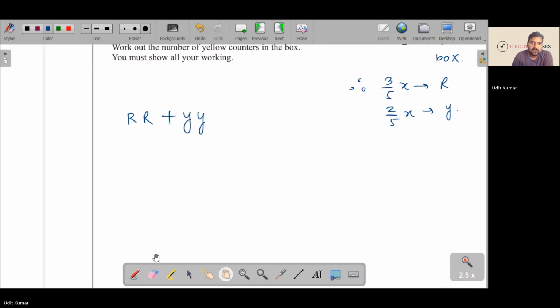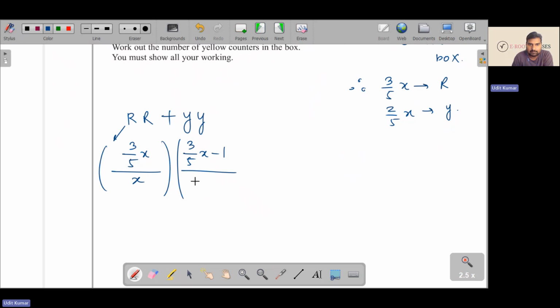Now, for the first red counter, because there are 3/5 of X red counters, the probability will be 3/5 of X out of X. For the second red counter, because 1 counter is already taken, it will be (3/5 of X minus 1) divided by (X minus 1).